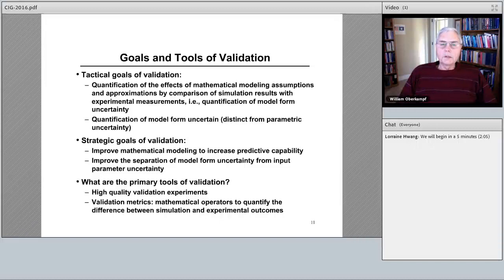Model form uncertainty, for those that have not heard the term, is a very specific type of uncertainty source. It is due to the approximations and assumptions in the model. Every mathematical model always has approximations and simplifications, and trying to identify that is actually quite difficult.